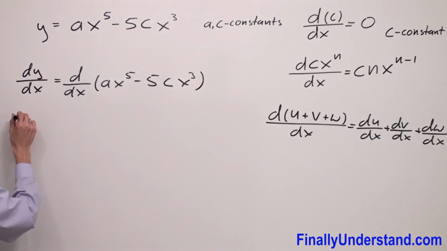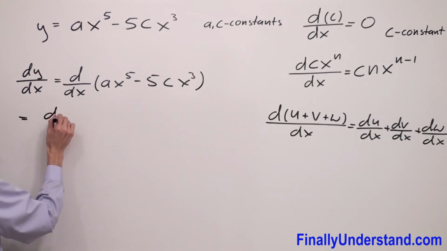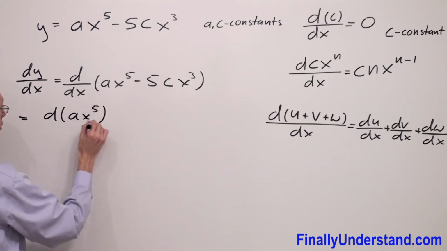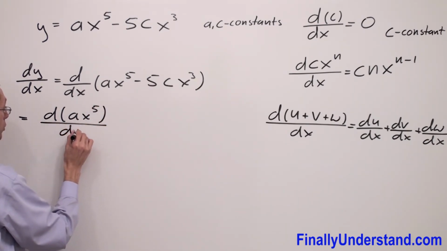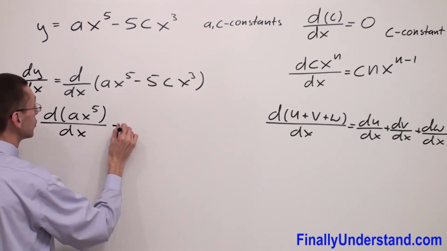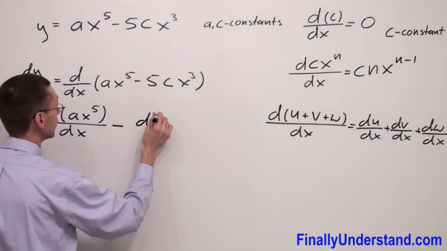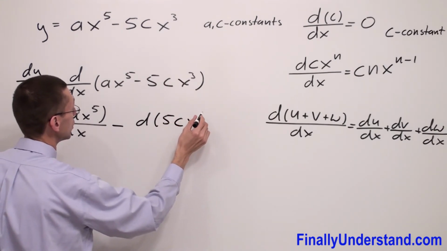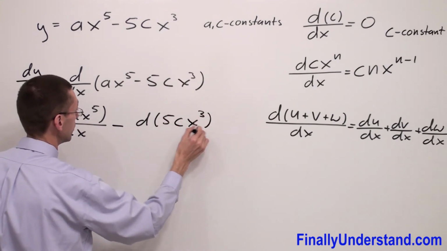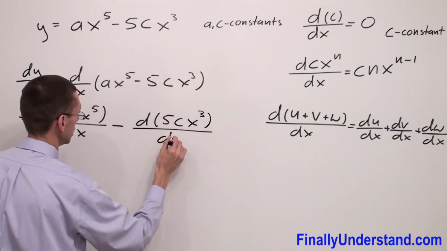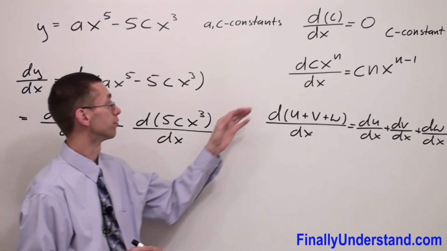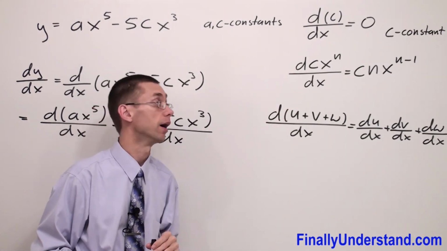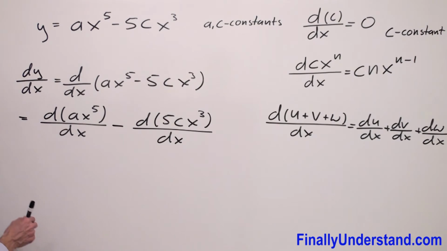So this is equal to the derivative of a x to the fifth over dx minus the derivative of 5c x cubed over dx.